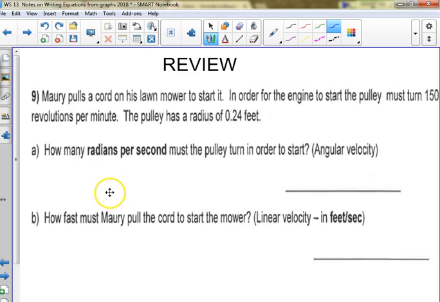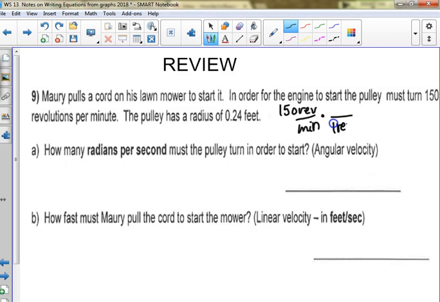All right, finishing strong. Maury pulls a cord on his lawnmower to start it. In order for the engine to start, the pulley must turn 150 revolutions per minute. Is that an angular velocity? No, because it has to be in what? Radians.